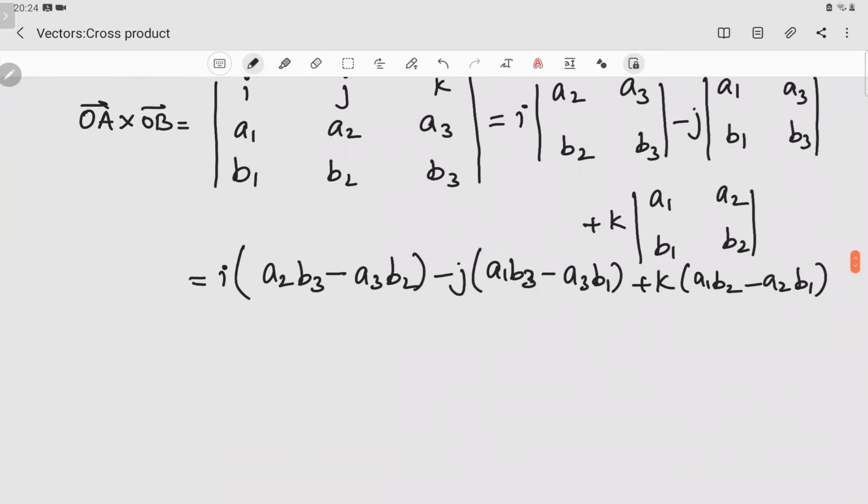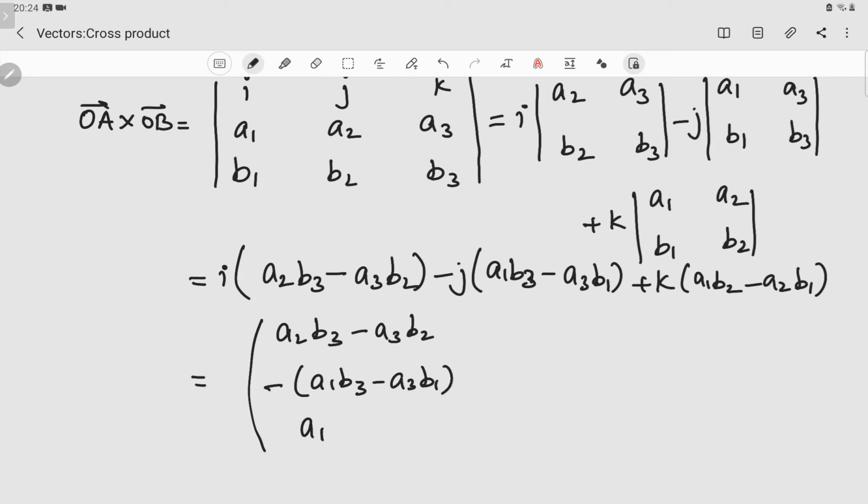It is this vector, and we can also write it in a column vector shape: A2B3 minus A3B2, then minus (A1B3 minus A3B1), and then A1B2 minus A2B1.